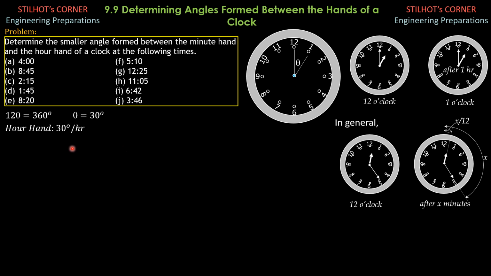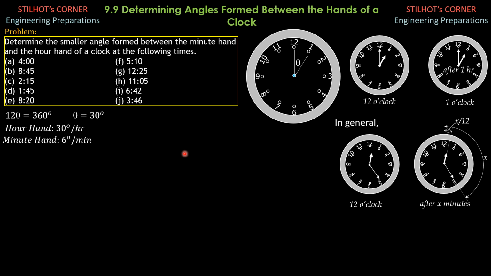And for the minute hand, since its graduation is equivalent to 5 minutes, this 30 degrees should be divided by 5 minutes, so that the speed of rotation of the minute hand is 30 divided by 5, 6 degrees per minute.